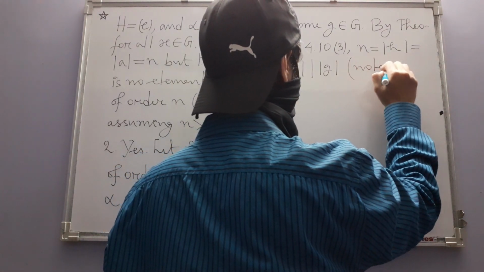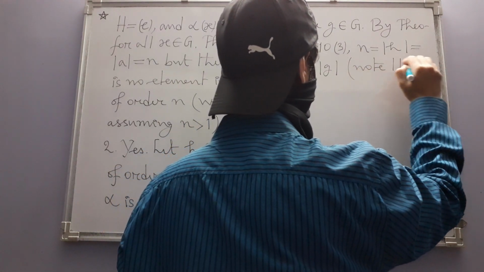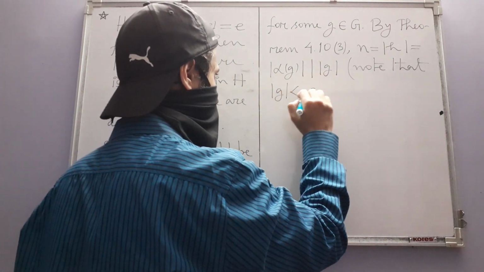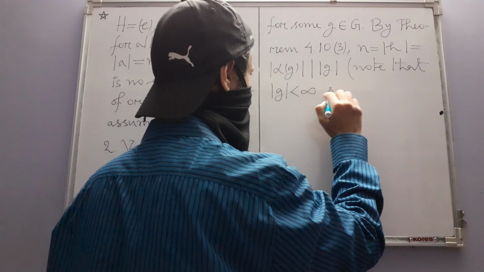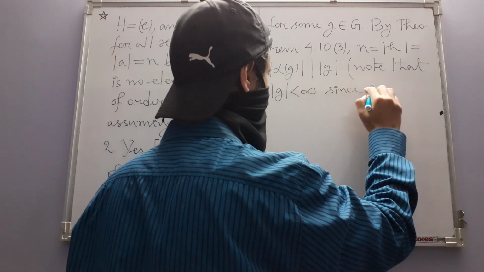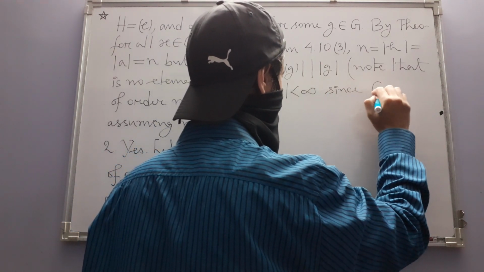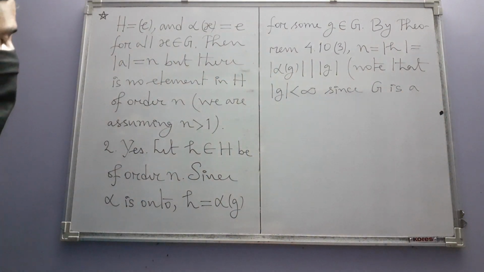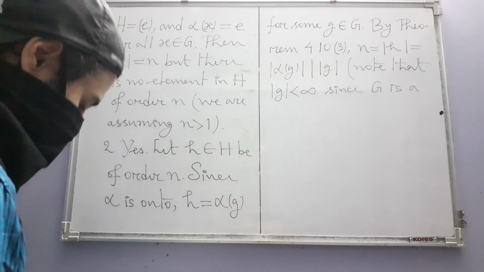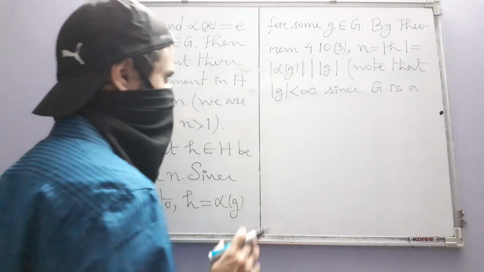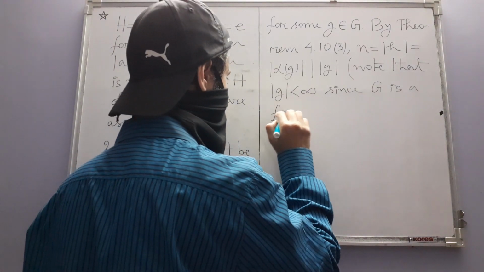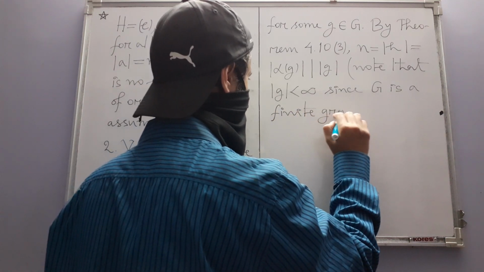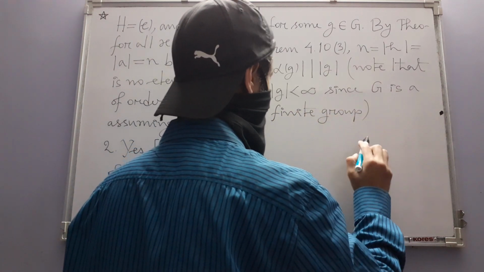Note that the order of g is finite since capital G is a finite group. Is it? Yes, it is mentioned. Yeah, in the problem it's mentioned. This is a finite group, so all of its elements must have finite order.